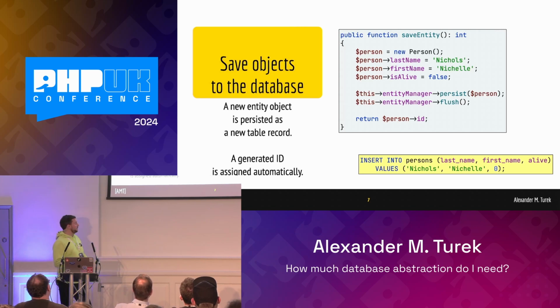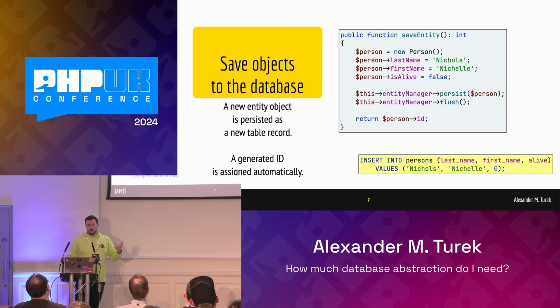Then I say, flush everything that you have remembered to the database, and my new object will become a database record. In this particular case, because I have told through the metadata mapping that the ID property should be mapped to an auto-increment column, the ID is also populated after flush, so I can query the newly generated ID from the object.